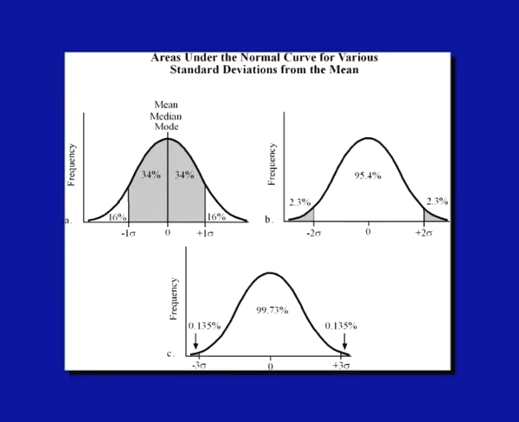This particular slide shows the area under the normal curves for various standard deviations from the mean. The first graph shows the area under the normal distribution curve with the range of plus minus 1 sigma.